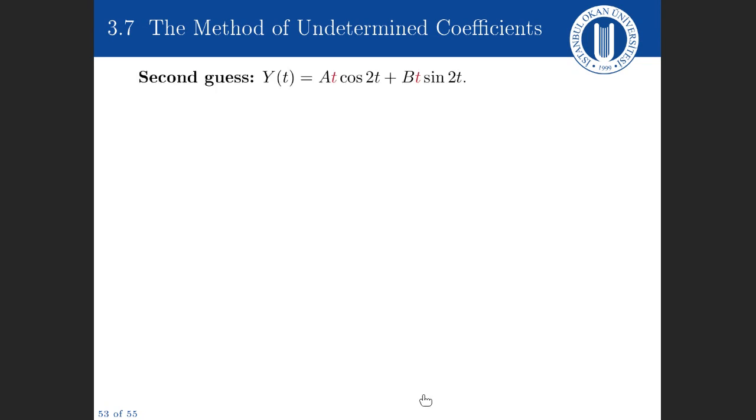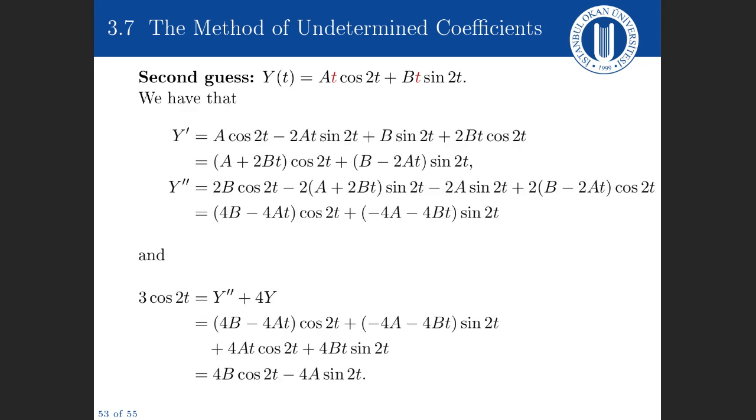So, let's do our second guess. The second guess is we're going to guess that capital Y is A t cos 2t plus B t sin 2t. That's the first guess multiplied by t. We differentiate 2 times. I'll leave this for you to check.